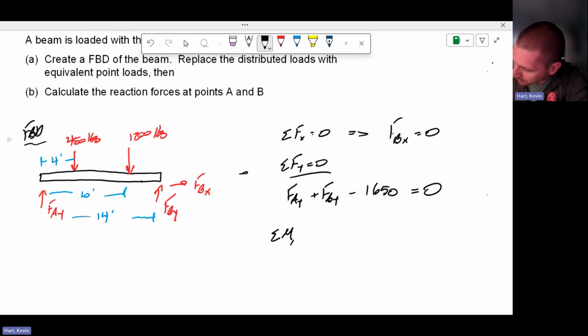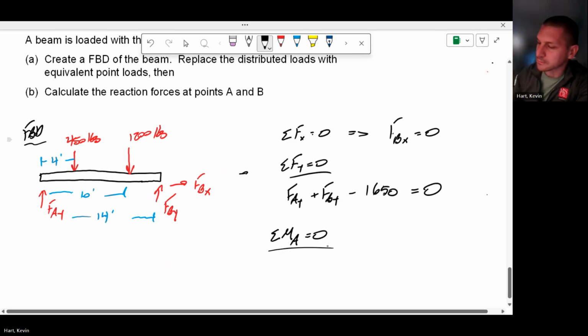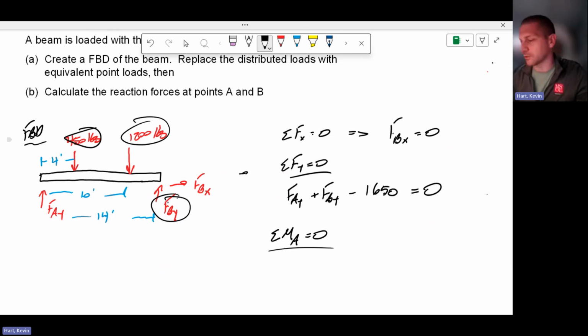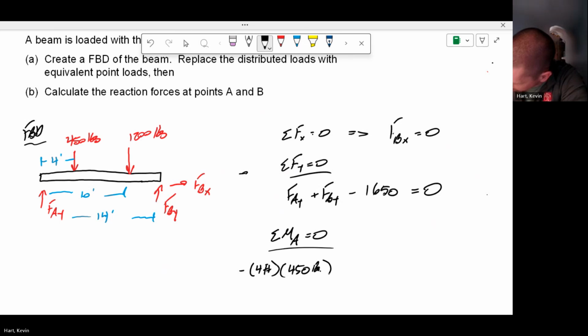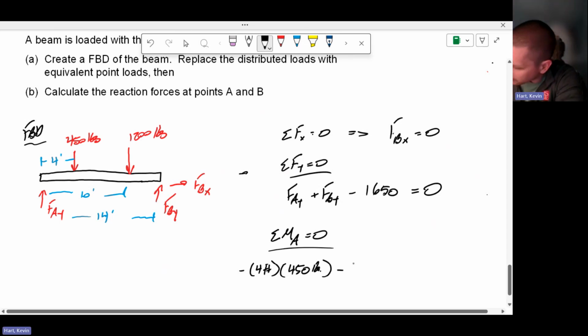Let's sum the moments, let's say about A, equal to 0. 450 is going to contribute, 1200 is going to contribute, and FBY will contribute. So we're going to get a negative 4 feet times 450, minus 10 feet times 1200 pounds.